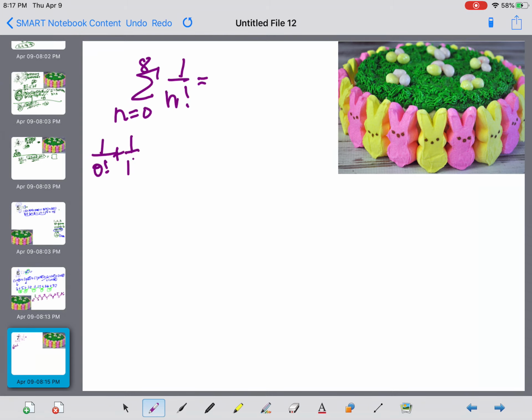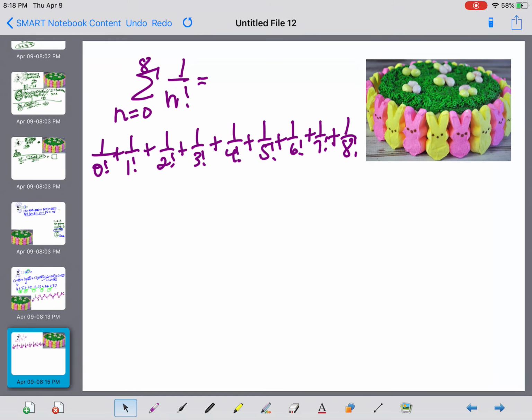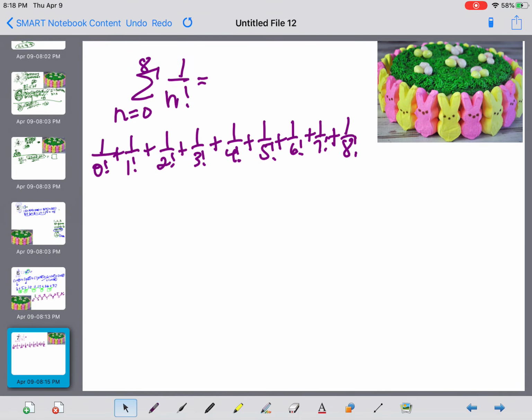Okay, so I'm going to say 1 over 0 factorial, 1 over 1 factorial, 1 over 2 factorial, 1 over 3 factorial, 1 over 4 factorial, 1 over 5 factorial, 1 over 6 factorial, 1 over 7 factorial, 1 over 8 factorial. All right, so notice if I went from 0 instead of 1 to 8, I have 9 terms. I filled in 1, 2, 3, 4, 5, 6, 7, 8, 9 terms.